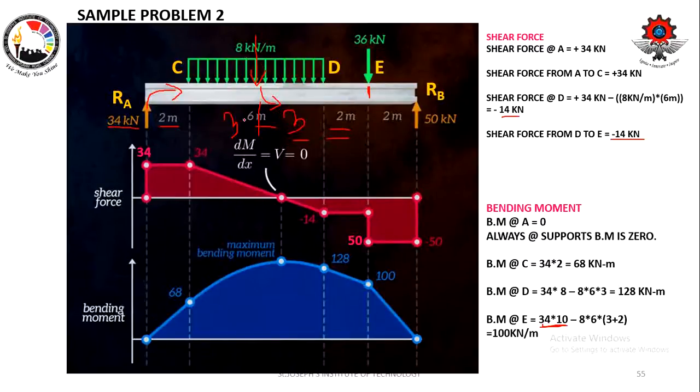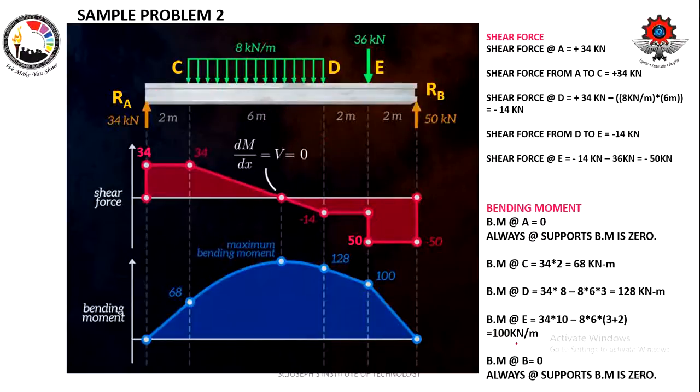So that is what is given here, 8 into 6 into 3 plus 2. Why negative? Because it is making an anti-clockwise rotation. So if you solve that equation, you will get a value of 100 kilonewton meter. So the bending moment at E is 100 kilonewton meter, right?